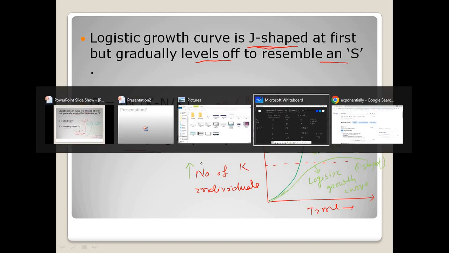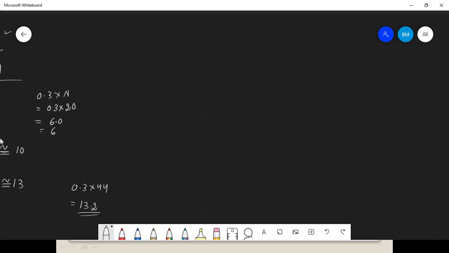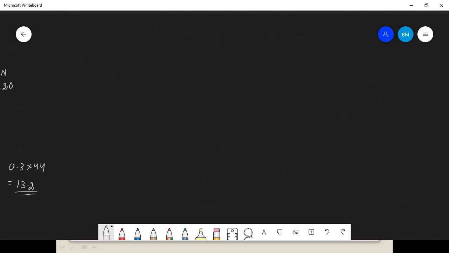There are certain other factors I am going to mention here. Some populations have a boom and bust cycle.